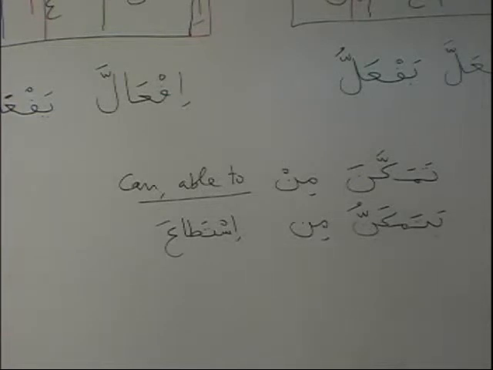Okay? Yatamakkanu, form 5 in your pocket, brother. So natamakkanu, put lam, make it majzum. Lam natamakkan min dhalika. We tried it, but we were not able to do that. What was that? To straighten it. We were not able to do that. Got the idea, brothers and sisters, inshallah? Fine.